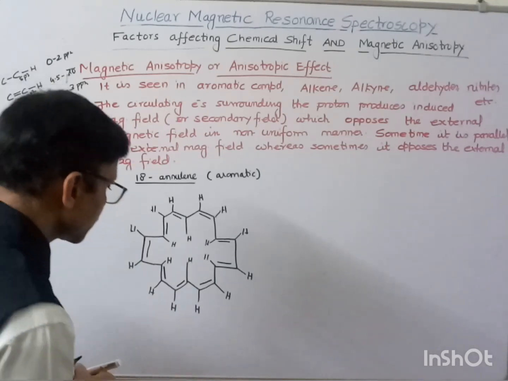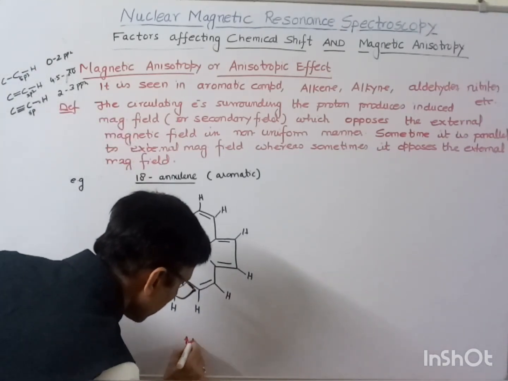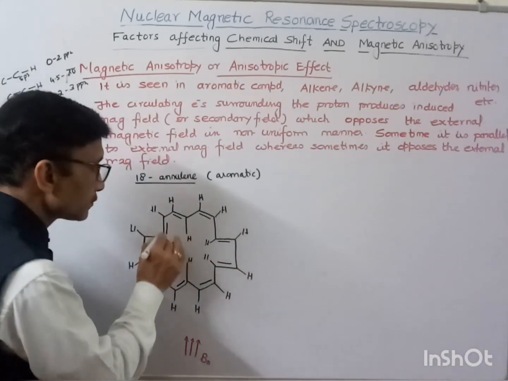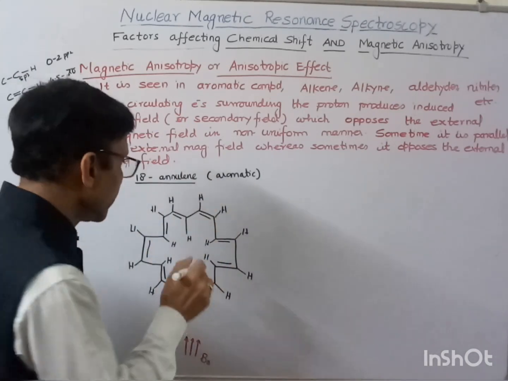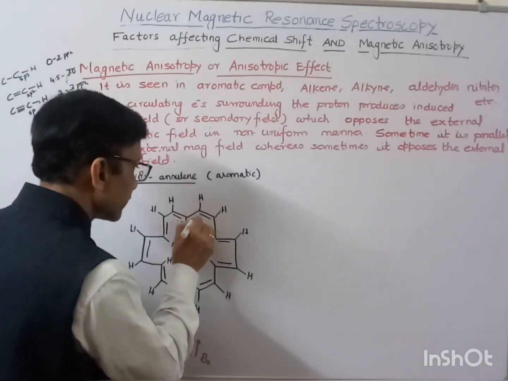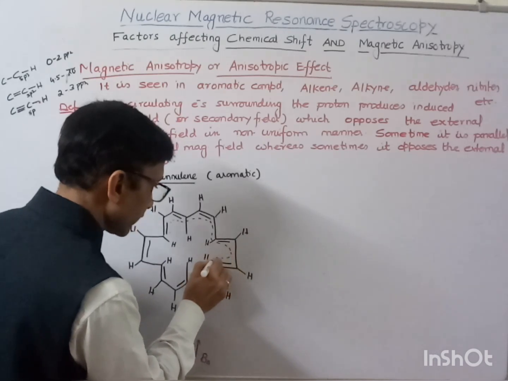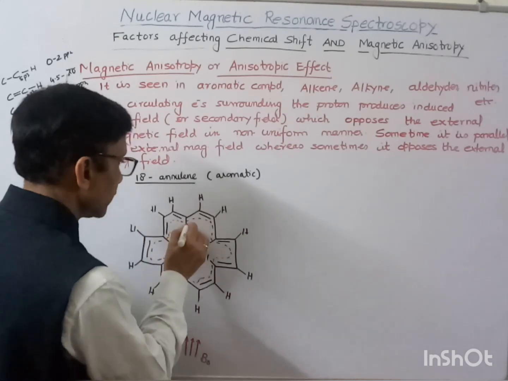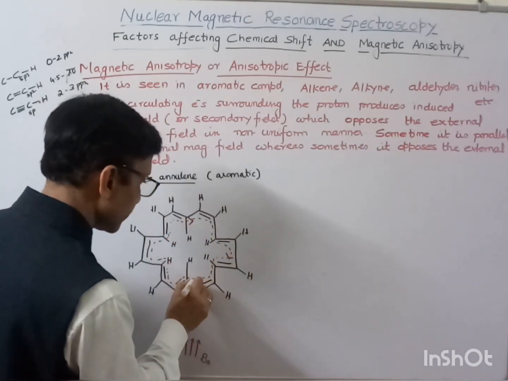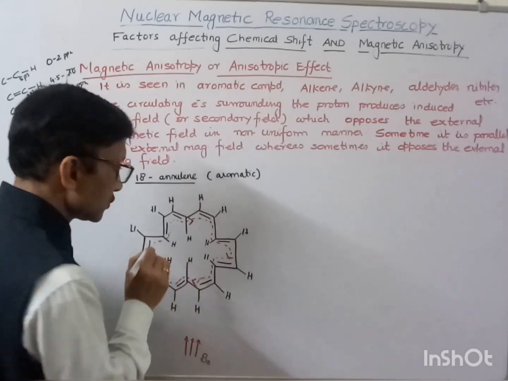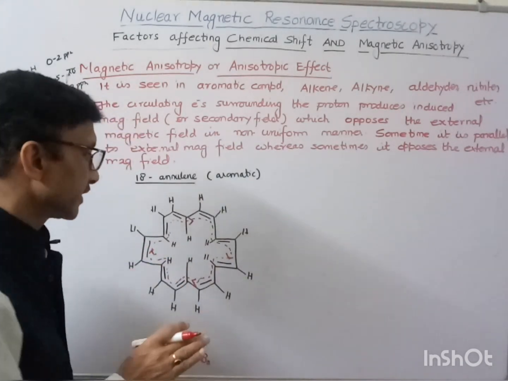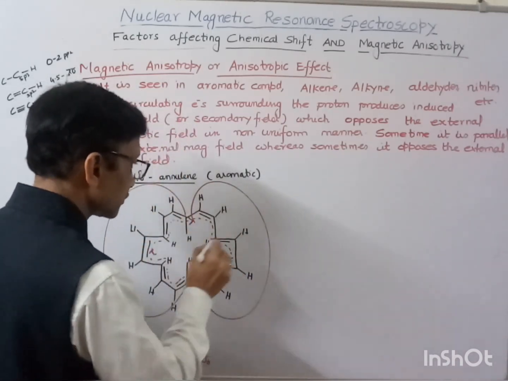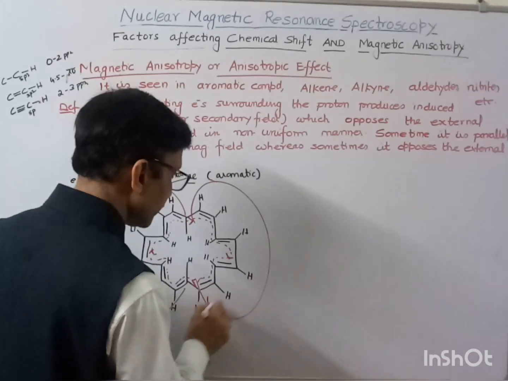Now in the presence of an external magnetic field, these pi electrons start circulating in a circular manner like this, and due to this motion they will produce an induced magnetic field, and this is the direction of the induced magnetic field like this.